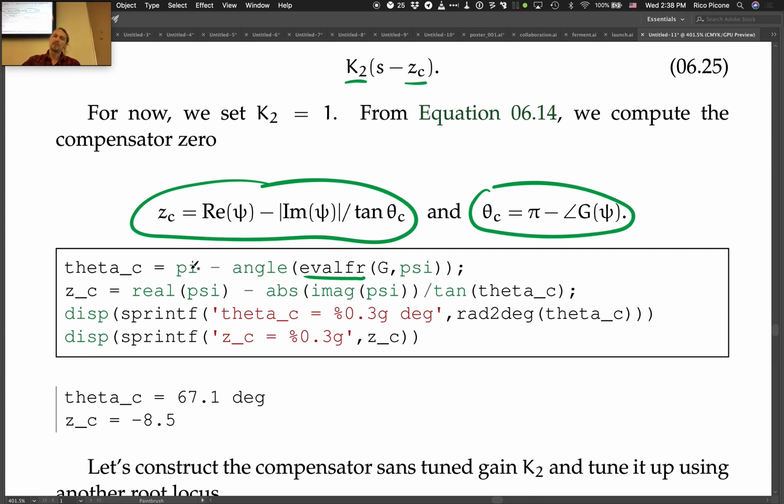And then just subtract that from pi, and we get theta c. Then we're ready to compute zc, which is the real part of psi minus the absolute value of the imaginary part of psi divided by the tangent of theta c. And we've got ourselves a zero location. Okay? Very cool.